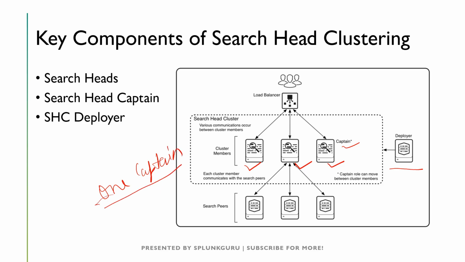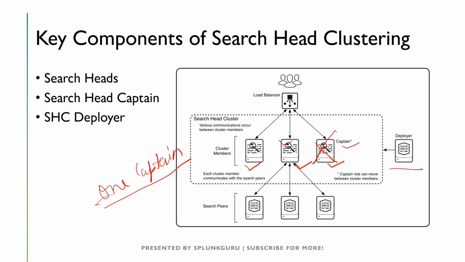It's an important point: there can't be more than one captain in your search head clustering. If this captain crashes or goes out of the clustering, any of the other members will automatically be elected as the next captain. That's how it works.